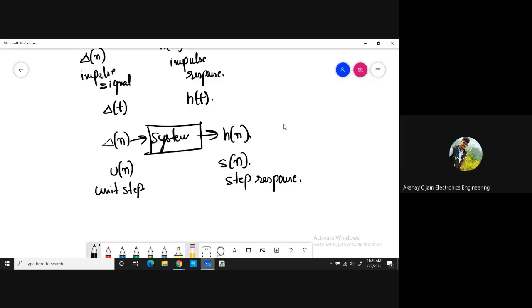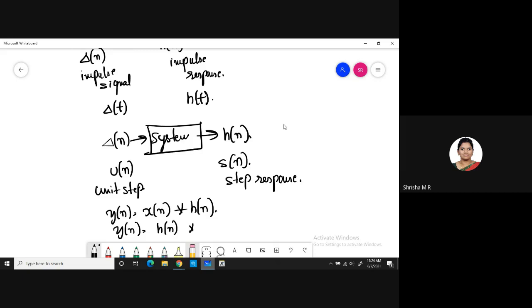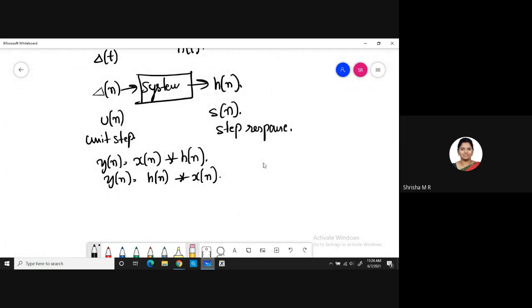So we know y of n is equal to x of n convolved with h of n, or using the commutative law we can also write y of n is equal to h of n convolved with x of n. We can interchange the inputs using the commutative law.